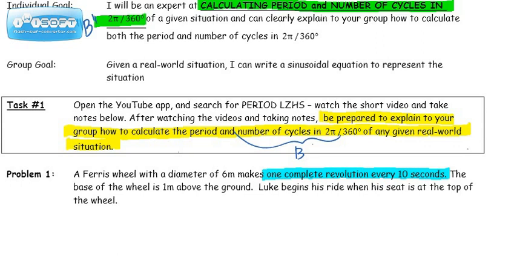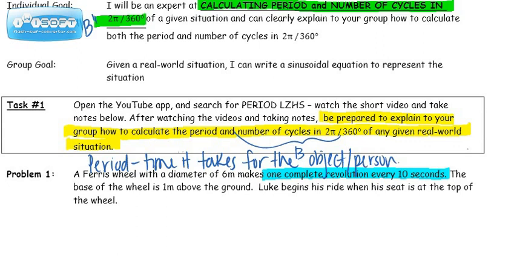When we talk about solving for the period, we are always looking for the time it takes for the object, person, etc. to complete, I'm going to come down here, 1 cycle, revolution, etc. Sometimes in the problem the number's there and we can just use that to calculate b.